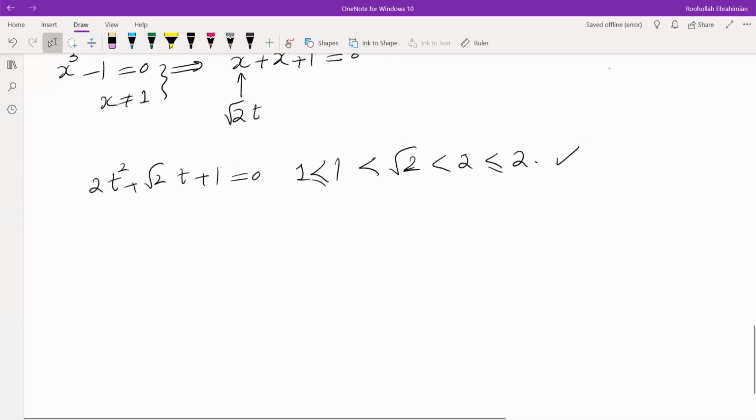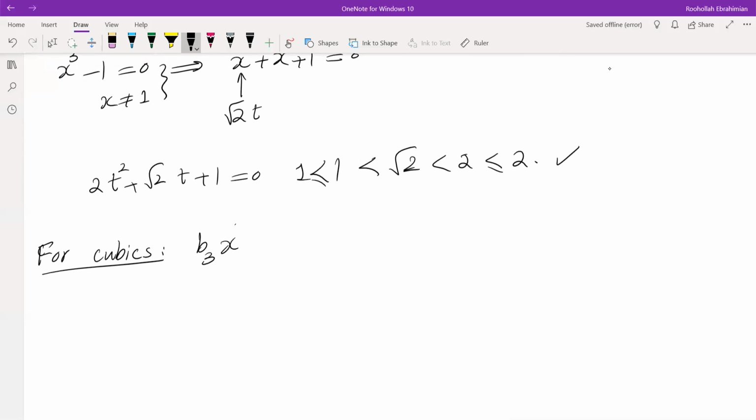Now moving on to the cubic polynomials. I'm going to do the same thing and see what happens. So I have b3 x cubed, b2 x squared, b1 x, and then b0 equals 0. Then I'll take the average of all of them. I guess there are only 3.